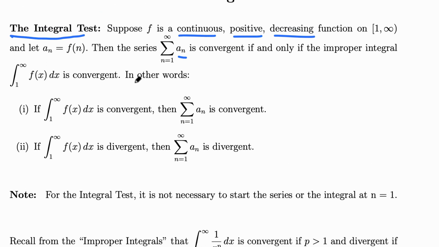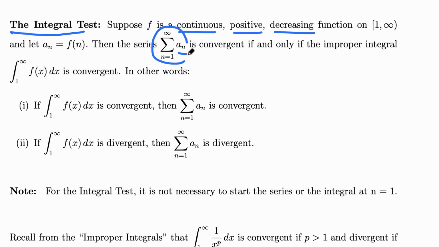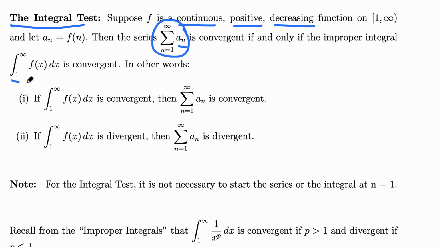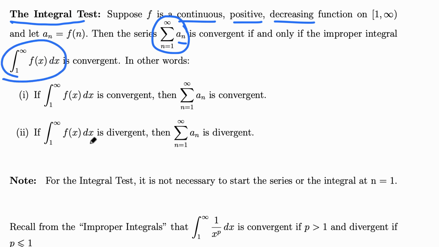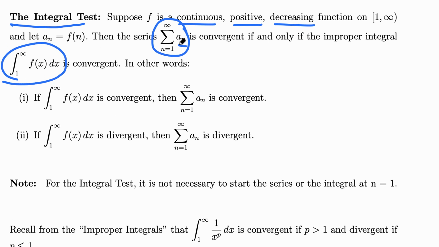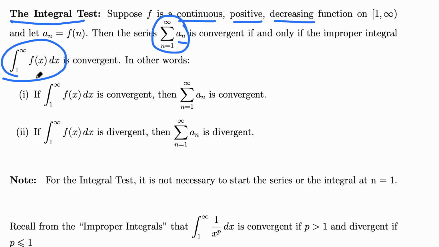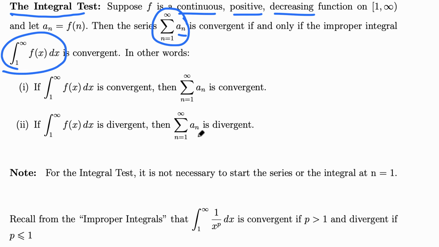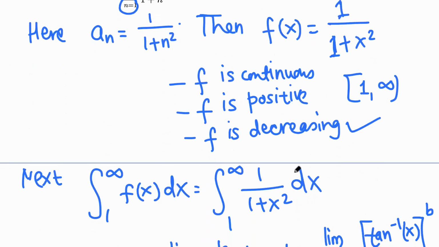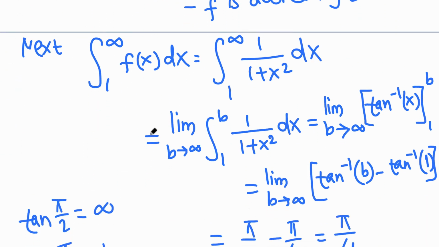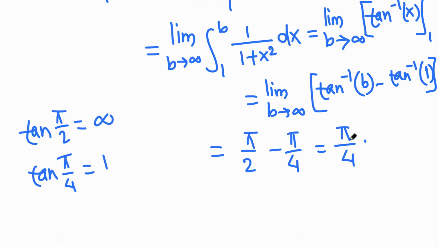So let's look at here. When we had a series, we converted that into a definite integral. And we know that if this improper integral is convergent, the series is convergent. If this improper integral is divergent, then the series is divergent. And we just found this improper integral to be convergent because this number is a finite number.